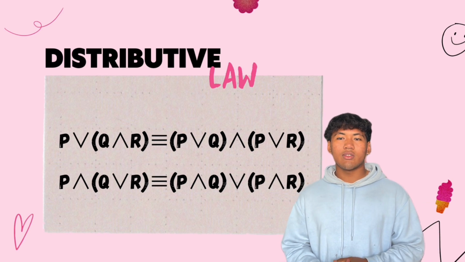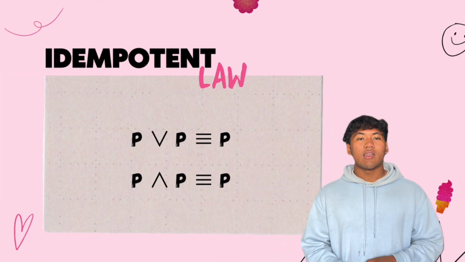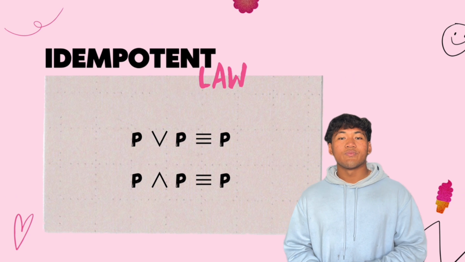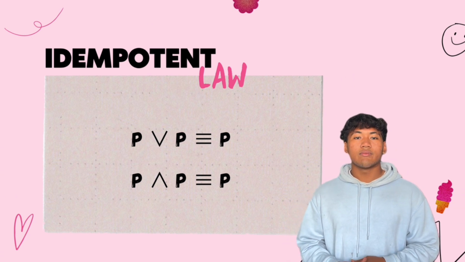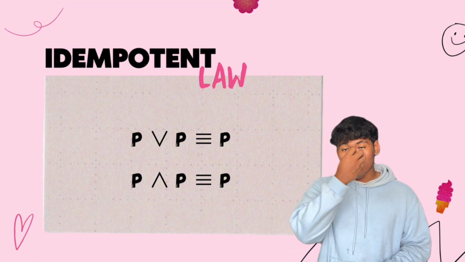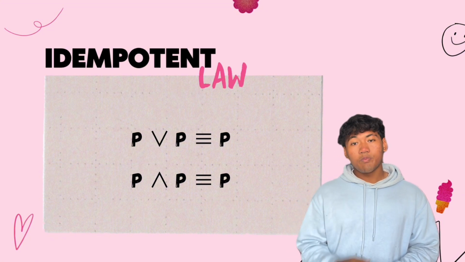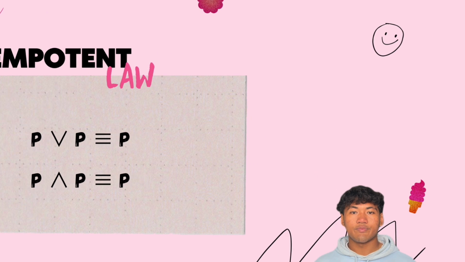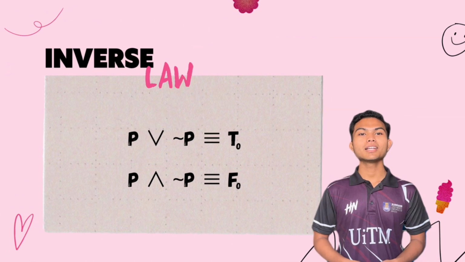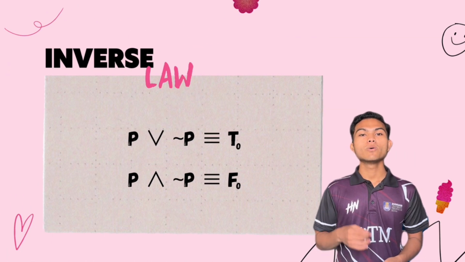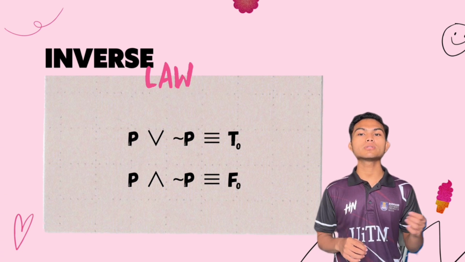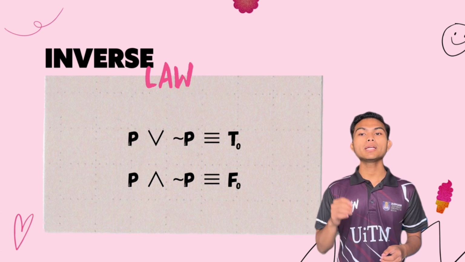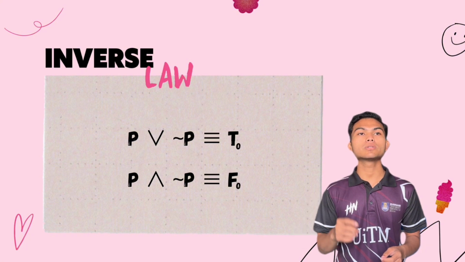The next law is the idempotent law. The idempotent law is a simple law. For example, P and P or P equals P. Also P and P equals P. Next is the inverse law. We have P or negation of P equals tautology, and P and negation of P equals contradiction.